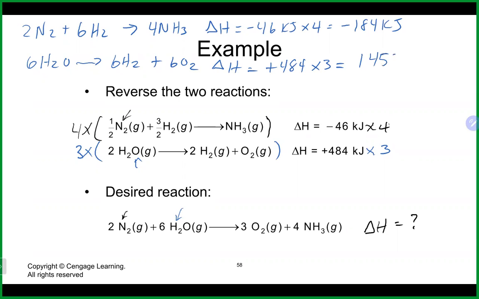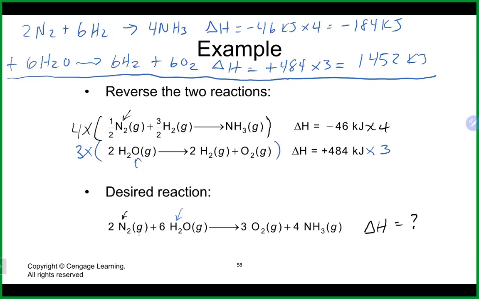Now, clearly I multiplied and did stuff to all these equations. I have nothing left, so hopefully we should be good. We're now going to add these equations together, and we should end up with the equation on the bottom. First off, we want to look for anything that will cancel. In this case, 6 H2s on the left and 6 H2s on the right should cancel. I think that is everything that will cancel. Let me see here.